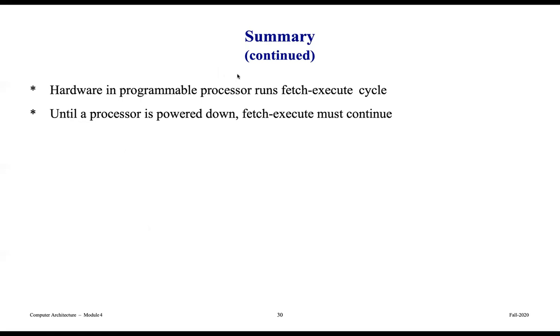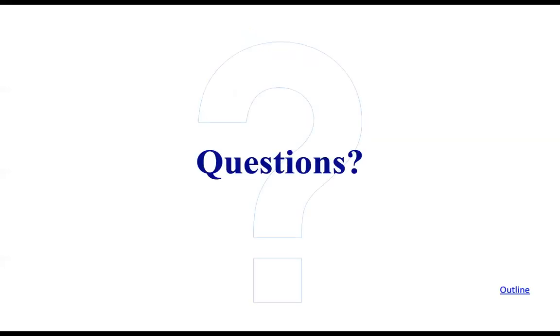It runs in this loop: fetch, execute, fetch, execute, fetch, execute. It keeps doing that until the processor is powered down. And so there's some type of interrupt, which we'll get into when we talk about input and output, that tells it it is now time to finish that process.